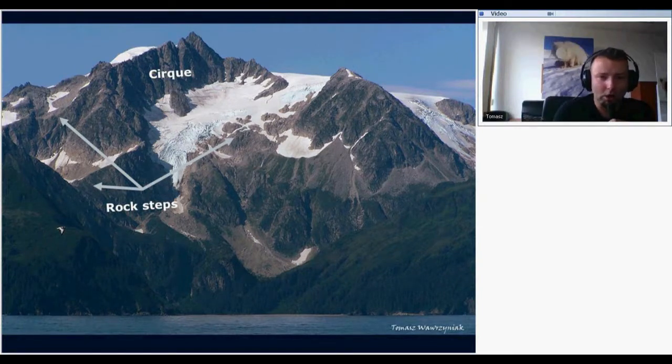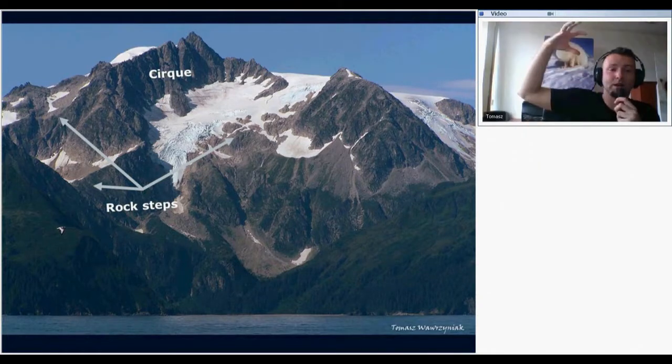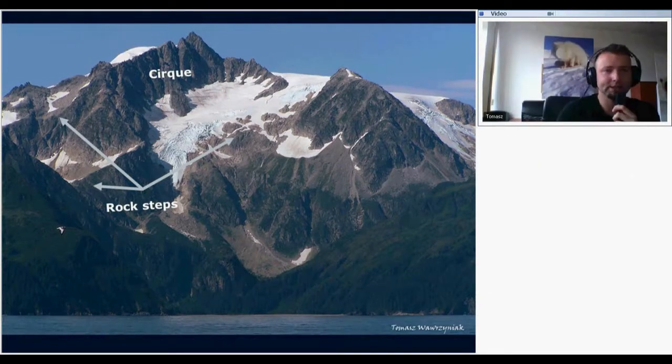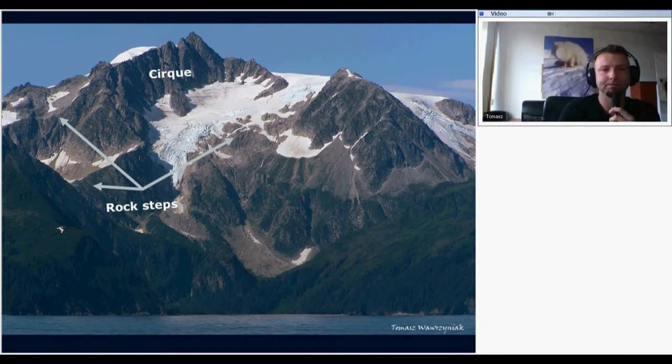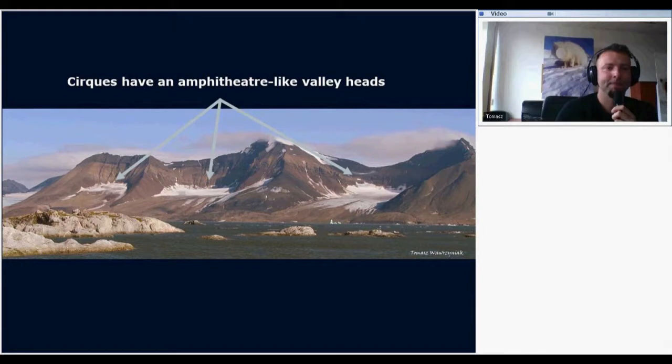There are also rock steps. You can see them. These were where glaciers were connecting with each other. One was above another one, so you can see the rock steps. The glacier above was flowing into a bigger one in the past. And I mentioned these amphitheater-like valley heads, cirques.